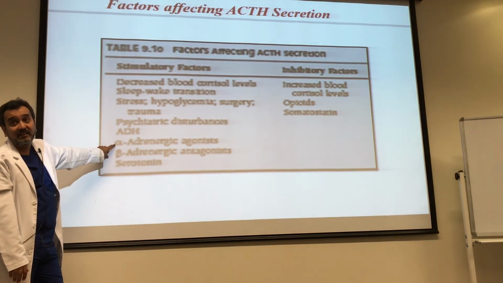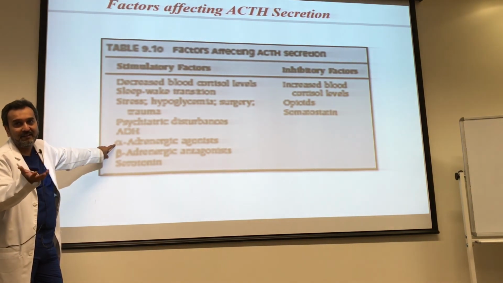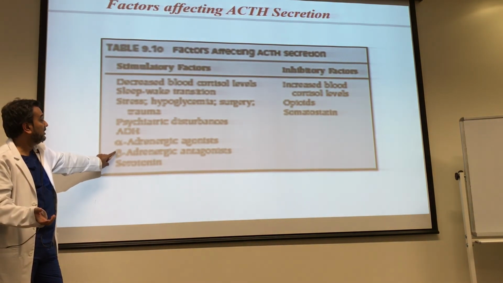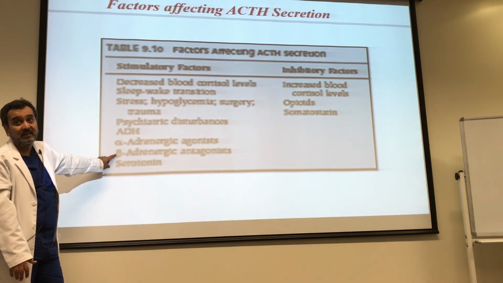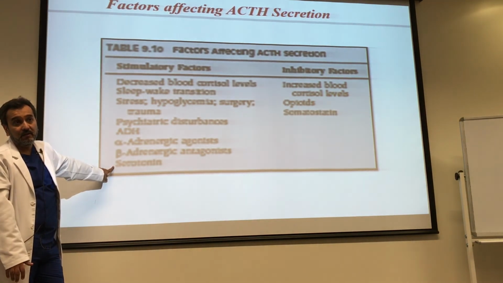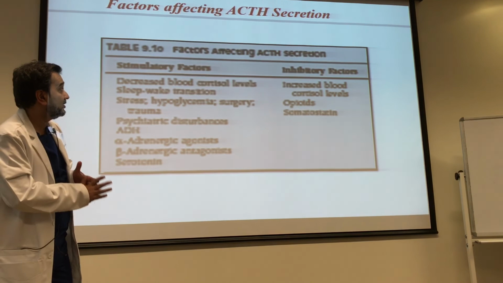Alpha adrenergic agonists, those like norepinephrine or epinephrine, are going to increase ACTH secretion. Beta adrenergic antagonists are also going to increase ACTH secretion, and so does the release of serotonin.